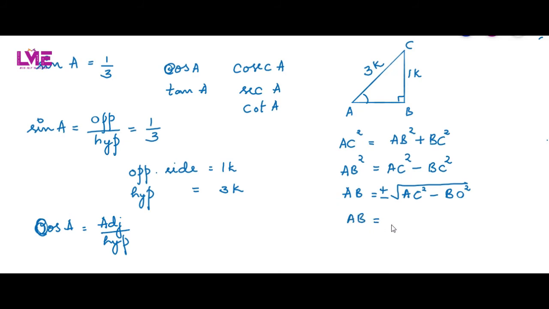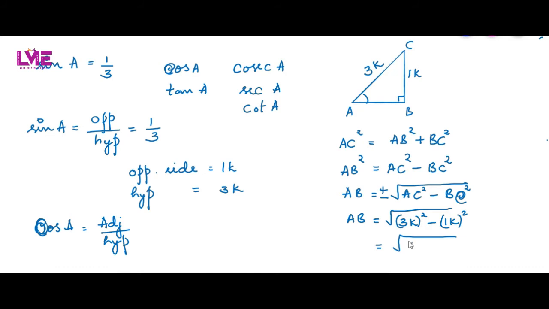So AB will be equal to the square root of AC square, where AC is the hypotenuse, which is 3k square, minus BC square. BC square is 1k square. So this gives the square root of 3k square, which is 9k square, minus k square.